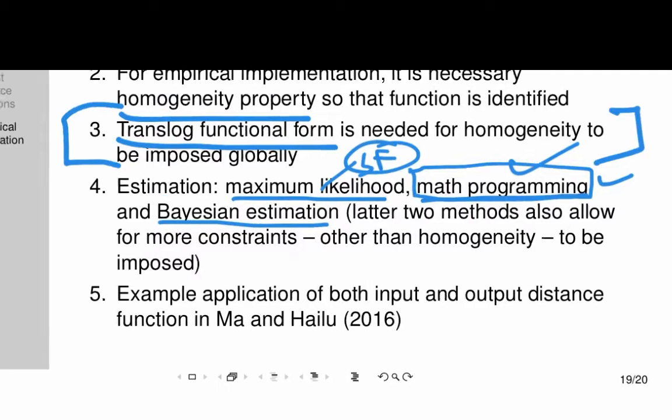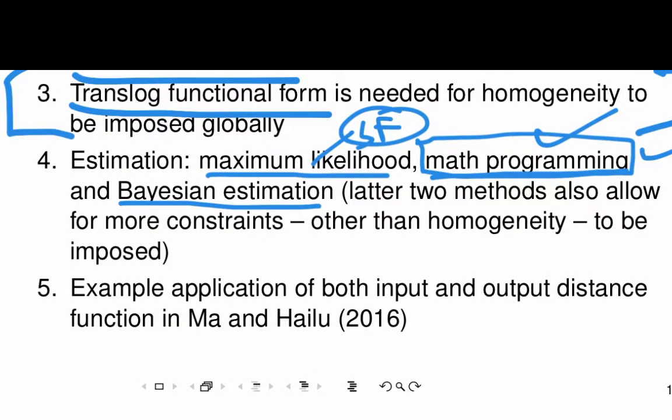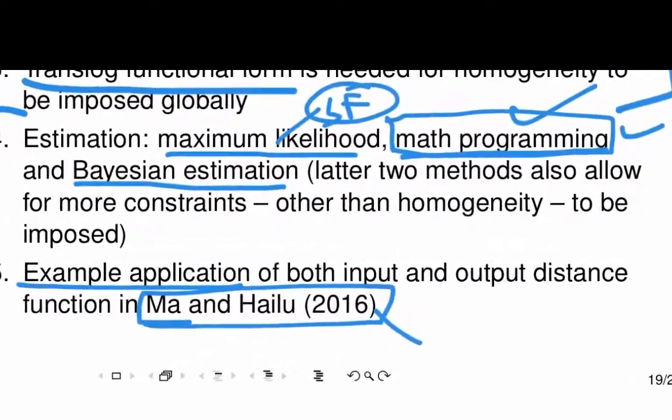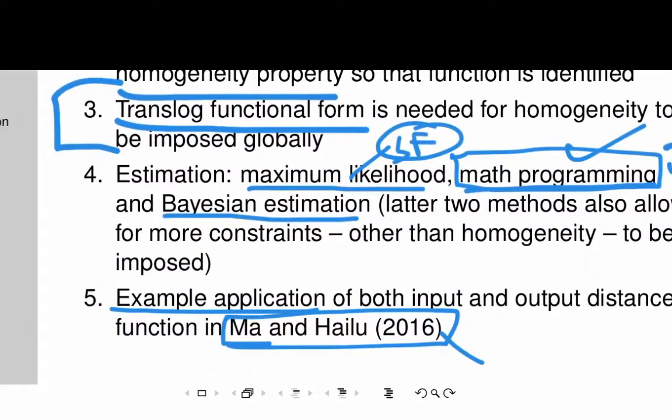So in terms of examples, there is plenty of examples. There is a paper by Ma and Hailu that uses input distance functions to estimate carbon abatement costs for China, and you can look at that. It's available in the LMS, but there are also many other examples that you could look at.